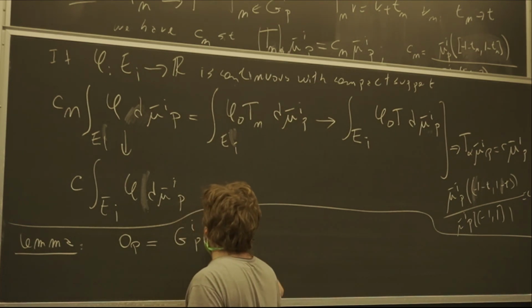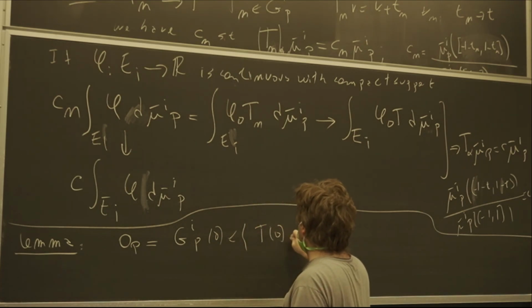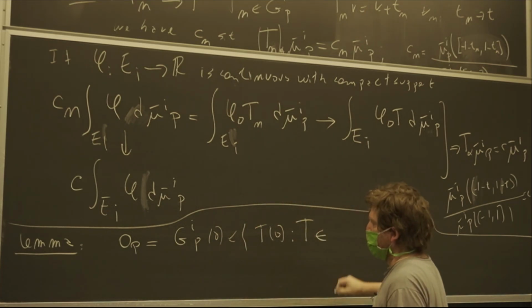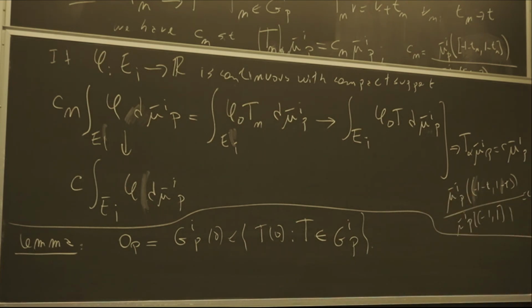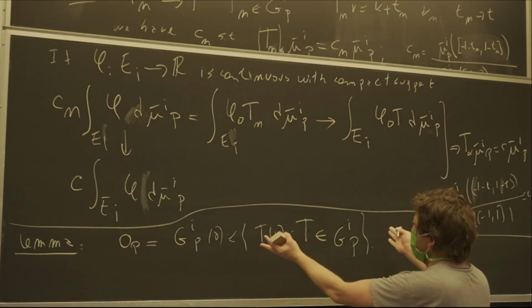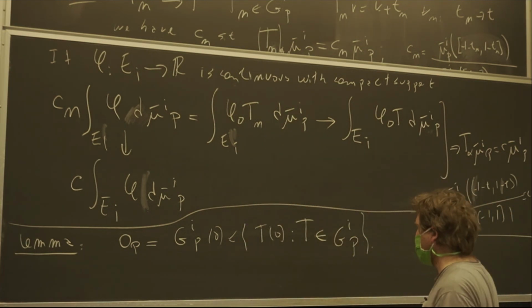G IP of 0, which is the orbit of 0, so these are P of 0 such that P belongs to G IP. So it's the orbit by this subgroup, which is what you do by identifying the translations with the subgroup of Ei, essentially.